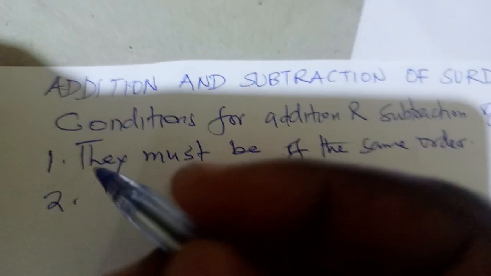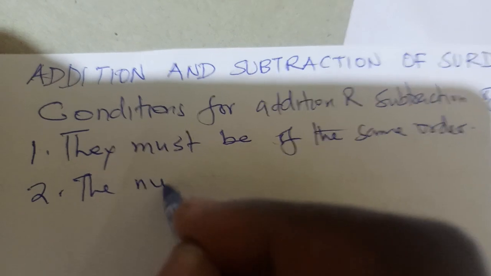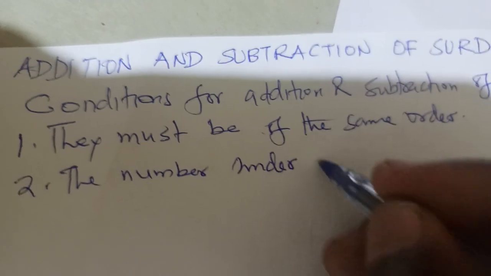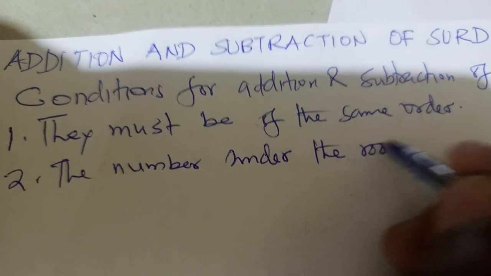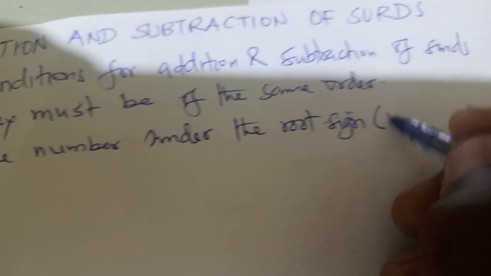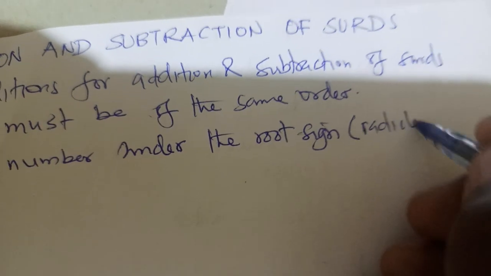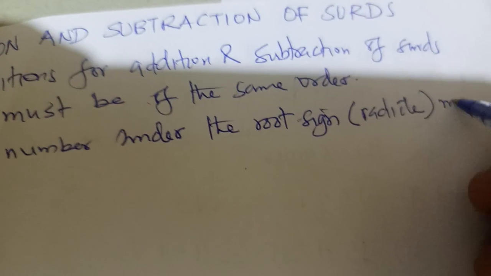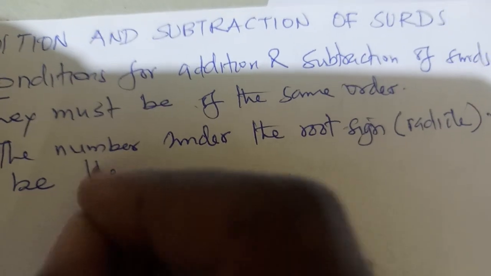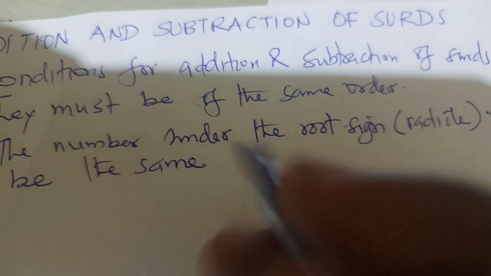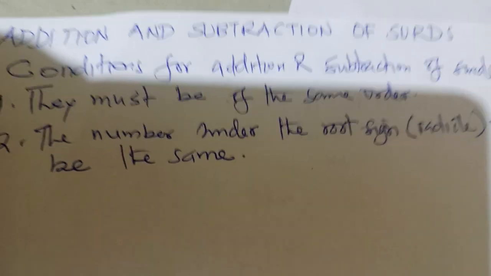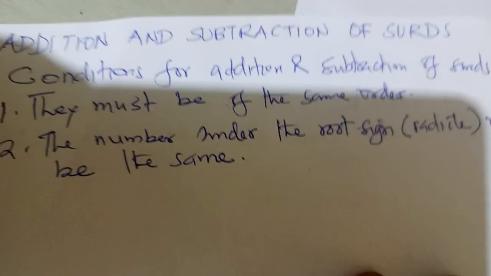And two, the number under the radical or under the root sign, remember, we talked about the root sign also being referred to as the radical, must be the same. So these two conditions are very important insofar as addition and subtraction of surds are concerned.